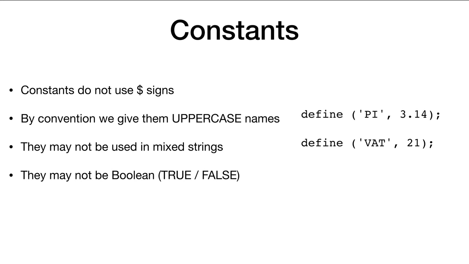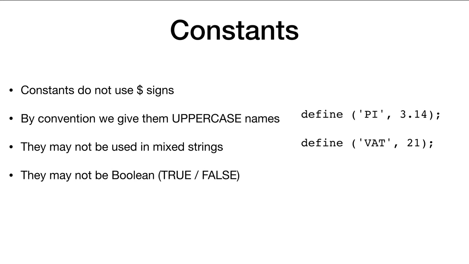So when we're specifying a constant, the name we give it doesn't include a $ sign. That's the first thing. And the rules for naming constants are the same as those for variables, except by convention we give them uppercase names, just to make them stand out in the code and to make it clear that they're constants. Now, we can't use constants in the mixed strings.